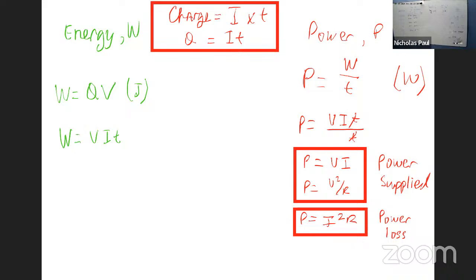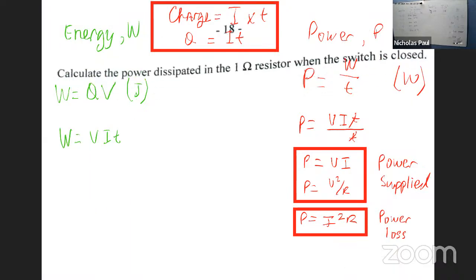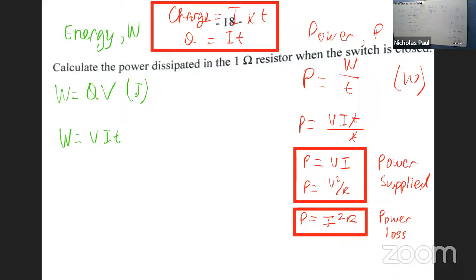Do me a favor, use the appropriate formula and find out the power loss. You all might know what this means. Power loss means power dissipation.